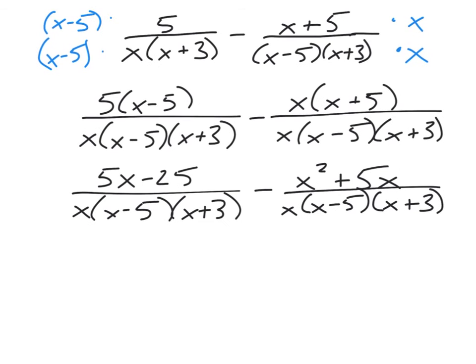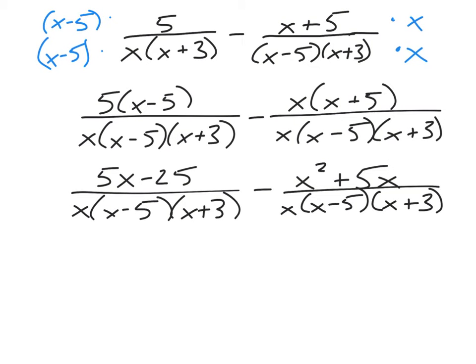When you do the subtraction, be very careful. When we combine these top two and do that subtraction, notice we're doing this 5x minus this 5x as well. And so that 5x minus 5x goes away.